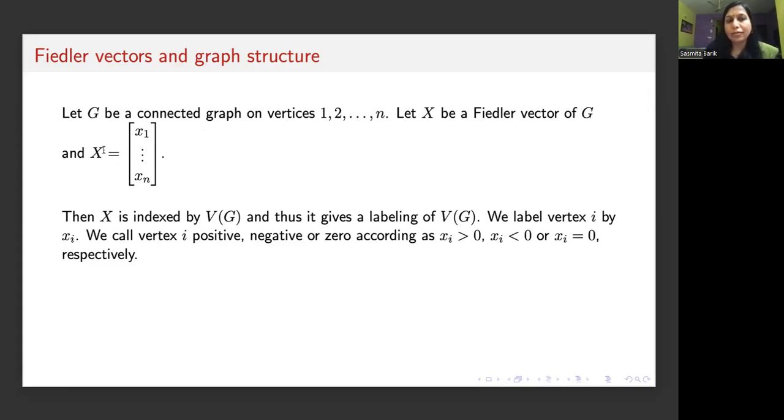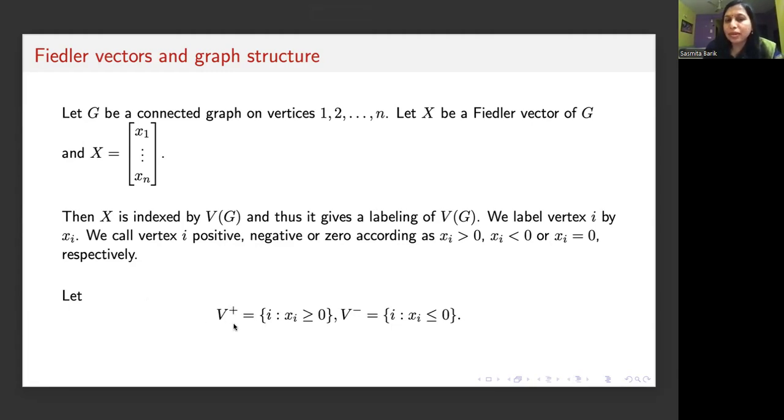We start with any Fiedler vector, meaning a vector corresponding to the algebraic connectivity. Corresponding to that vector x, I can say which vertices in the graph are positive, which are negative, and which are 0. Then I'll take two sets.